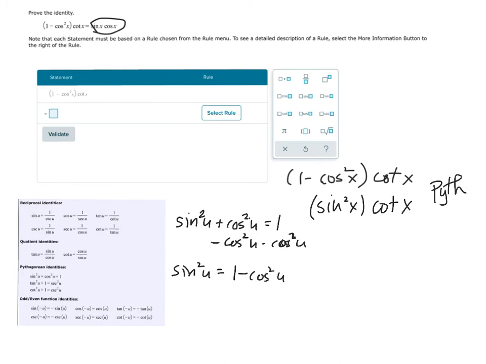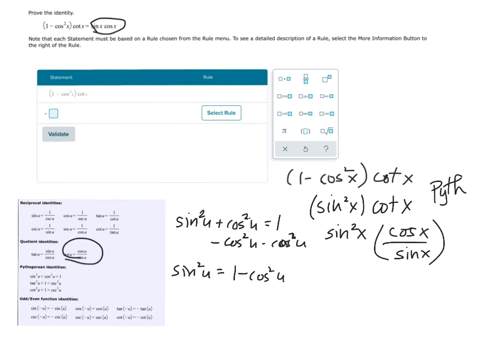And sine squared x we can keep because we can't really do anything with that. But cotangent, we can use quotient identity. So this becomes sine squared x times cotangent, which is cosine of x over sine of x, right? Okay.